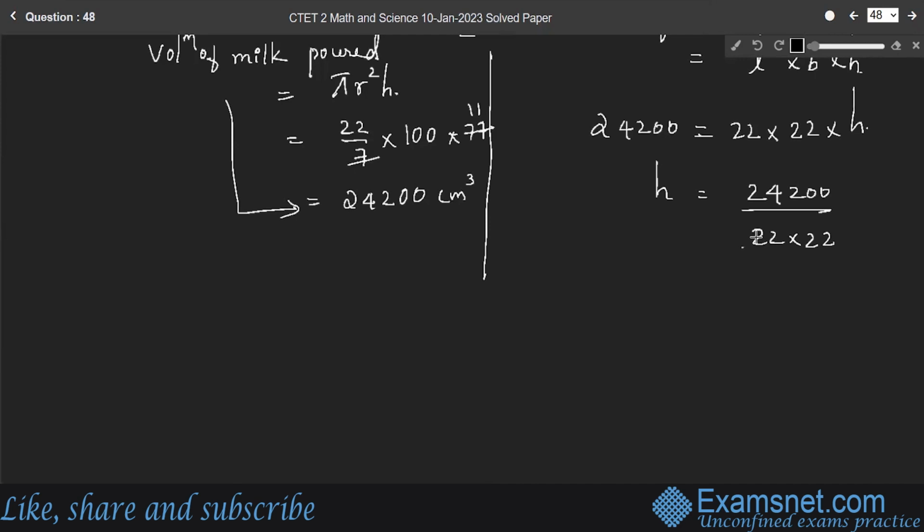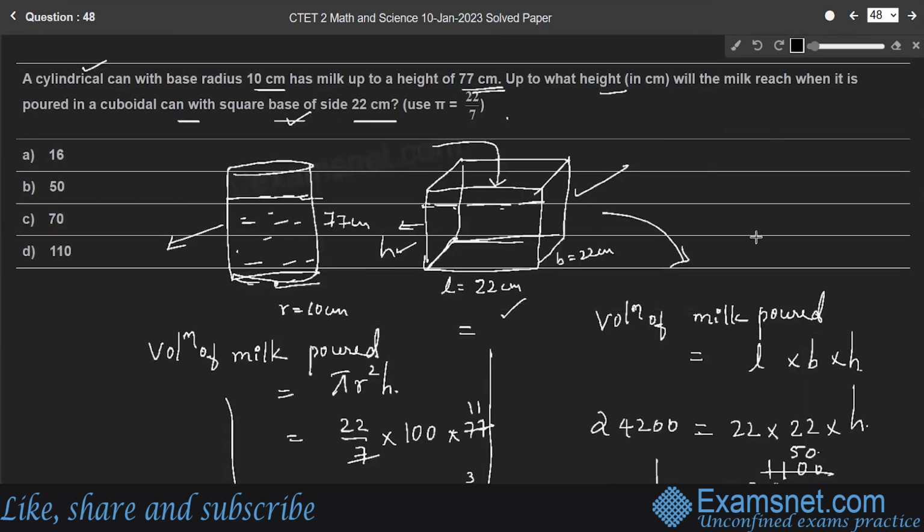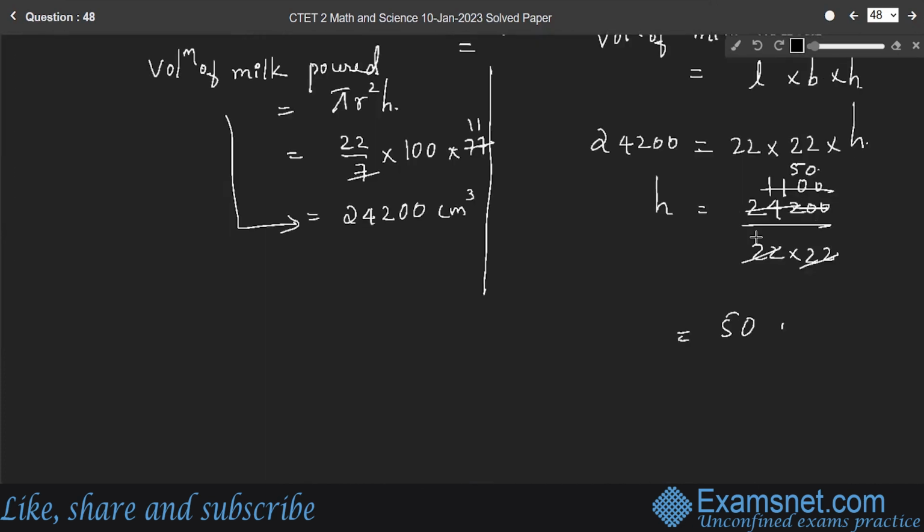Very simple calculation. So 22 into 1100 is 24,200, whereas 22 into 5 is 110, one more 0, right? So the height to which milk is poured is 50 centimeter, right? So H is 50, and the unit is centimeter.